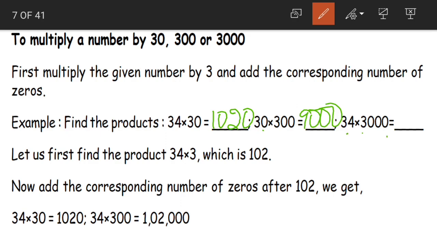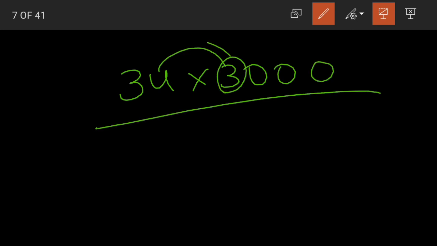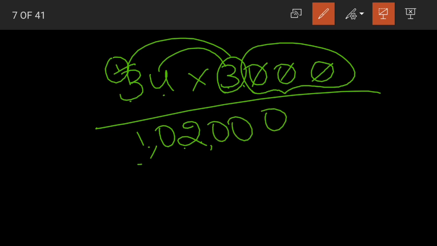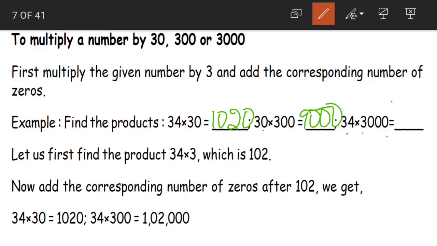Now 34 into 3000. Again multiply 3 with 34. 3 fours are 12, 1 carried. 3 threes are 9 plus 1, 10. So 102 is the product, and in 3000 we are having how many zeros? 1, 2 and 3. So even in the product to the right we'll write 3 zeros. 1,02,000 becomes our product here. 34 into 3000 is equal to 1,02,000.